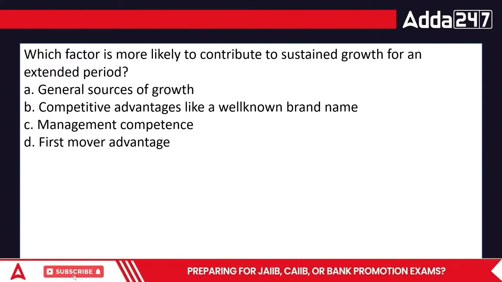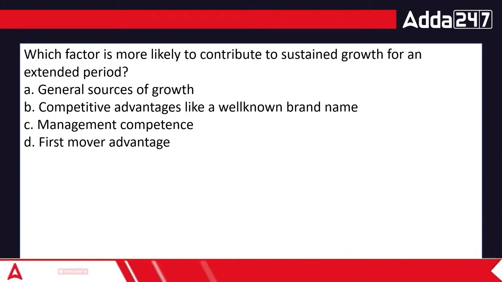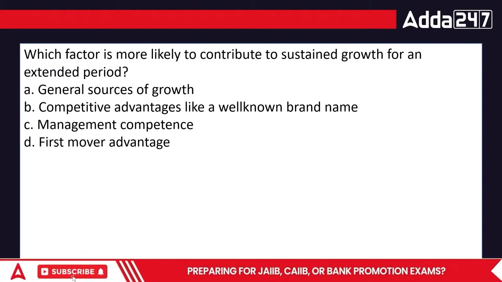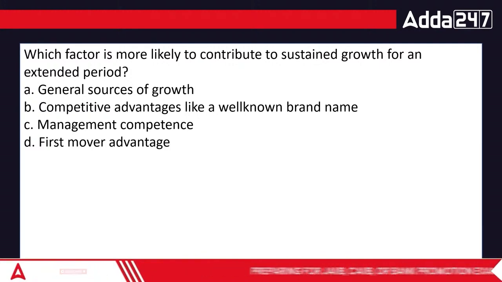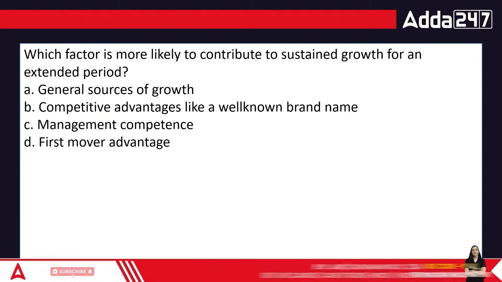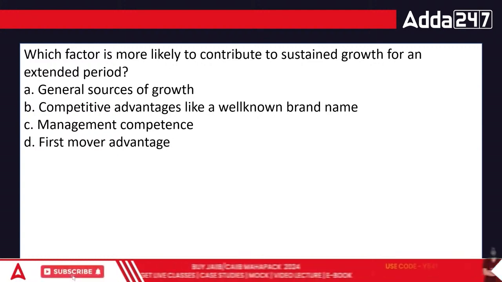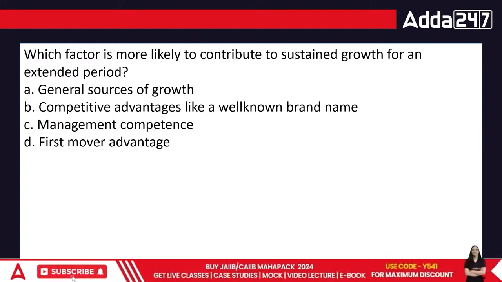So let's take another example. General sources of sustained growth for an extended period. Everyone, do you know Nike is still going on? The first point which I would definitely go for is the specific case where we talk about Nike's brand. The brand is so good.